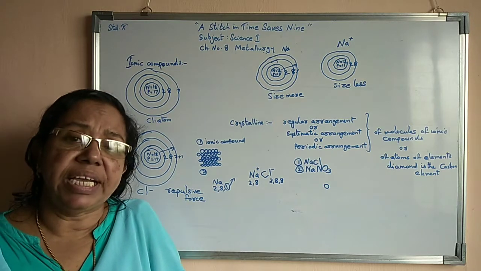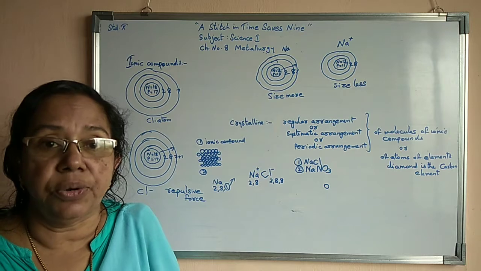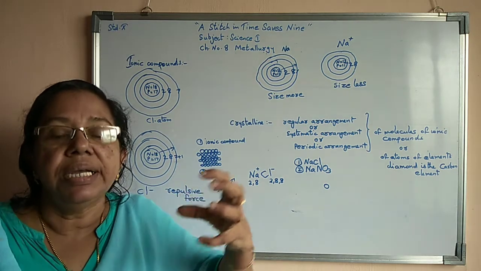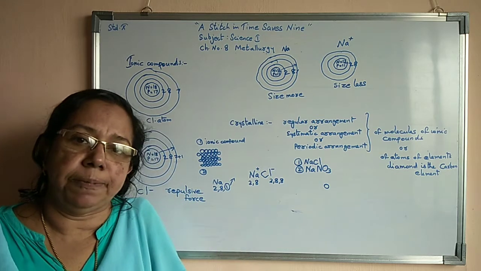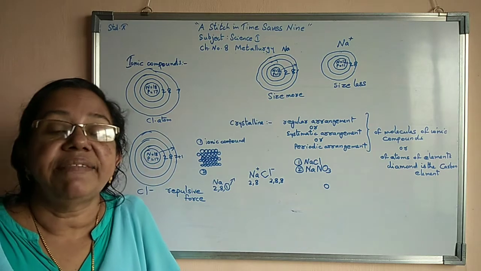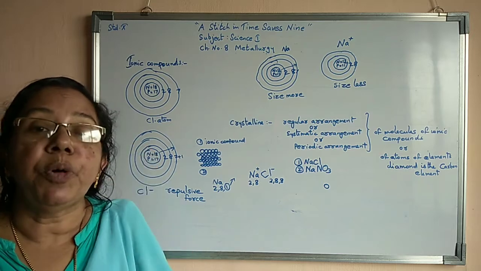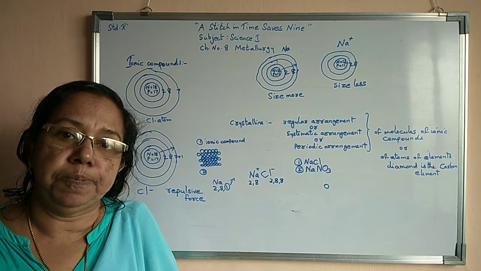Now one more thing: the metallic ion and non-metallic ion are oppositely charged ions, so there is a strong attractive force between them. As a result of such attractive force, the melting point of an ionic compound is very high.